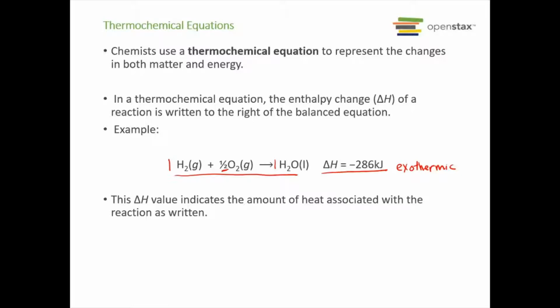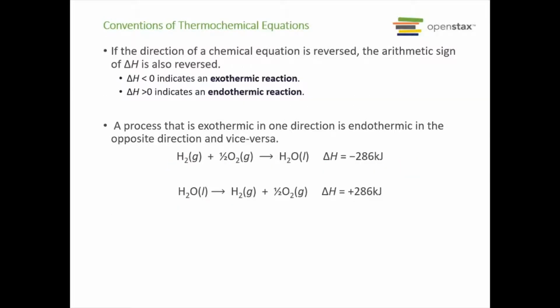If we were to multiply the equation by some factor, the delta H also needs to be multiplied by that factor. So again, when your delta H is less than 0, that means heat is released, you have an exothermic reaction. When it's greater than 0, you have an endothermic reaction.